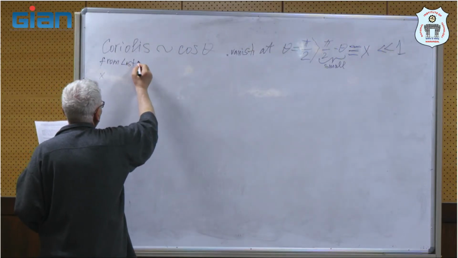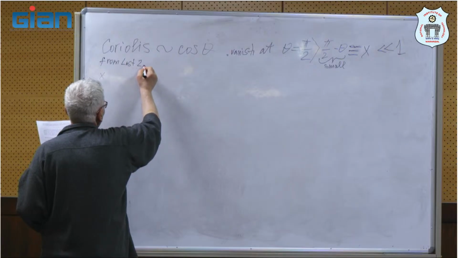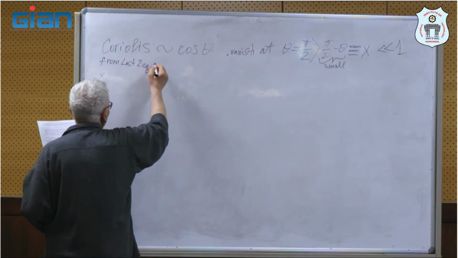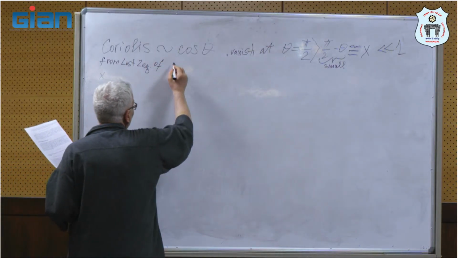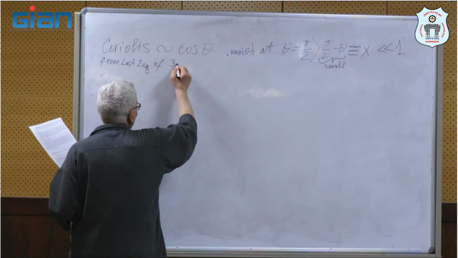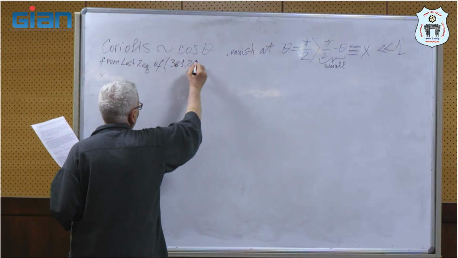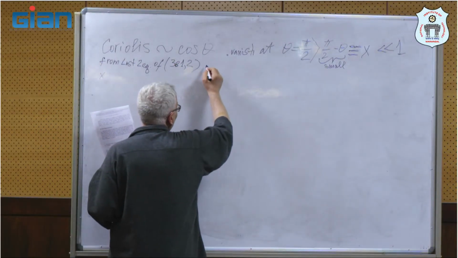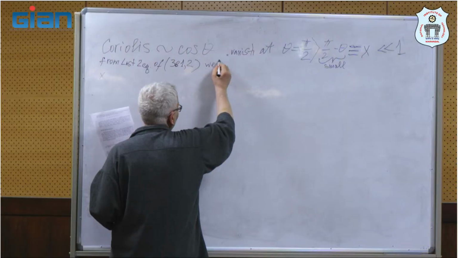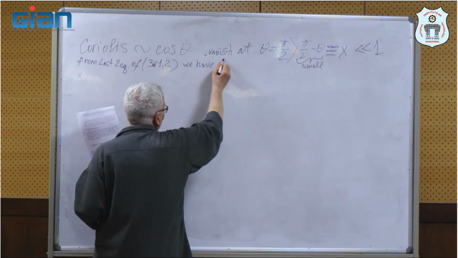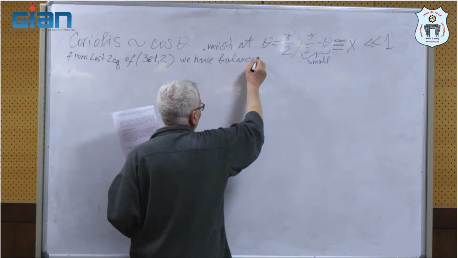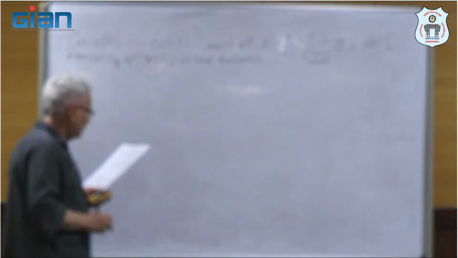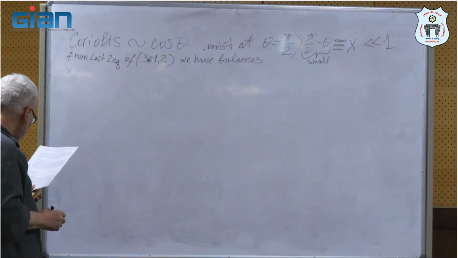Let's write down from the last two equations of B.12. We have balances. The balances are like this.